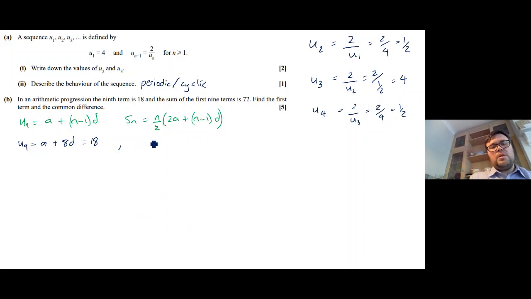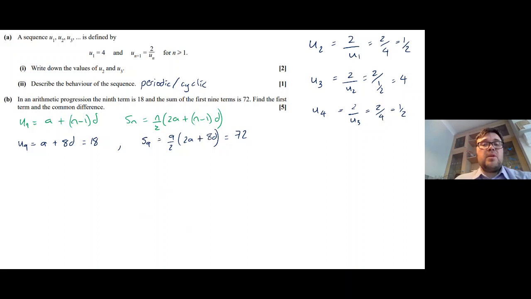And S of the first 9 terms, so S9 equals 9 over 2 times 2a plus, again, 8d, and that is equal to 72. Basically, what you've got here is simultaneous equations. You've got two unknowns, two equations, a and d on both occasions. How you solve them is entirely up to you.